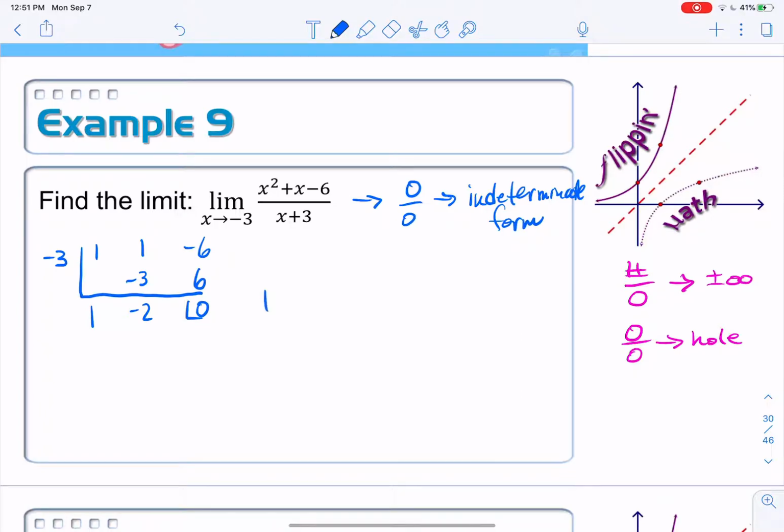So I have the limit as x approaches negative 3. And on the top, let's open up our parentheses. And x times x, we need to multiply up to negative 6, and we need to add up to positive 1. It's going to be a 3 and a 2. It will be a plus 3 and a minus 2, which is totally convenient because I have an x plus 3 in the bottom.